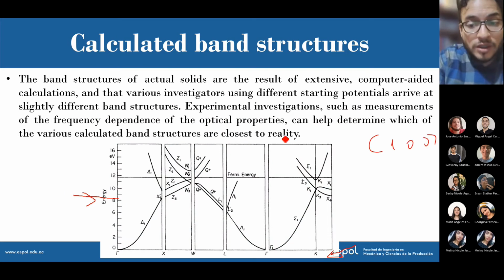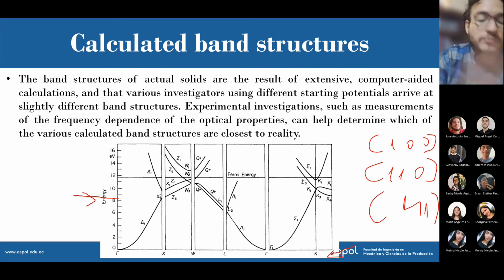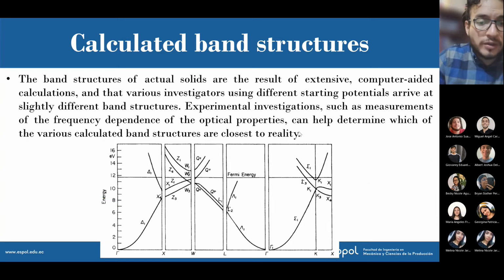Whether it's the 1, 0, 0, combined with the 1, 1, 0, the 1, 1, 1, whatever. I'm not going to get into detail because it's just a matter of showing you the idea of this graph.